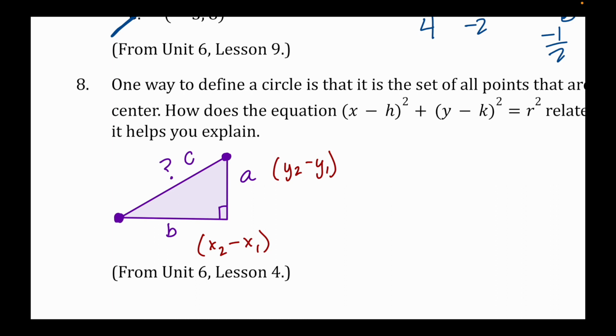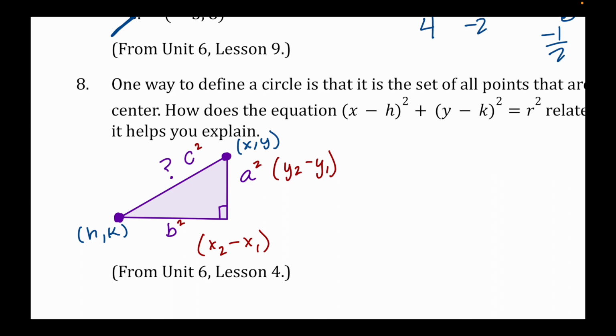Now, in order to actually find our value of c, we would have to do a squared plus b squared equals c squared. We're going to do a little bit of substitution first, though, because we can actually give these values. So we're going to call this point here x comma y. And with a circle, the center we call h comma k.